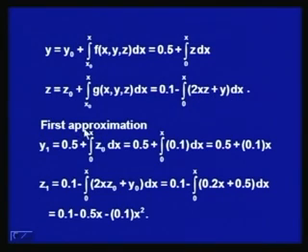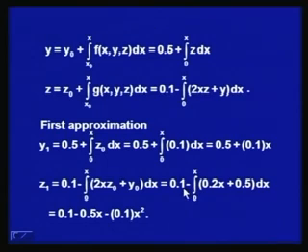The first approximations to y and z are then given by y1 equal to 0.5 plus integral 0 to x z naught dx. We replace z by z naught here, which is equal to 0.5 plus integral 0 to x of 0.1 dx, since the value of z naught is 0.1. This will give you y1 equal to 0.5 plus 0.1 into x, and z1 will be equal to 0.1 minus integral 0 to x of 2 x z naught plus y naught dx.